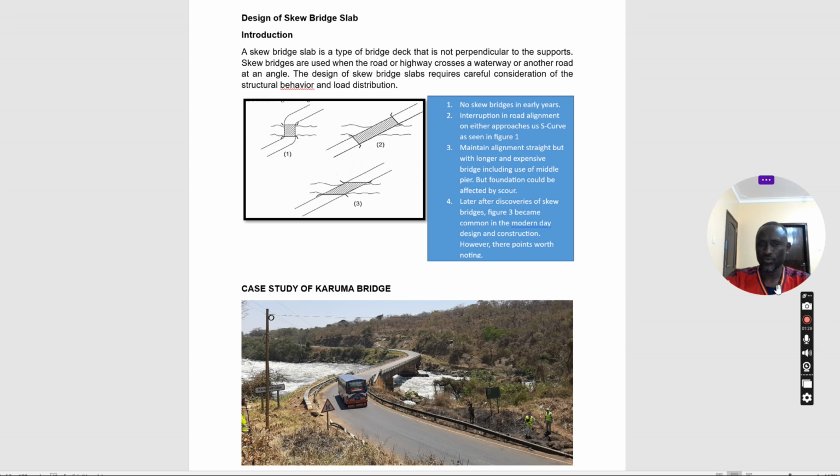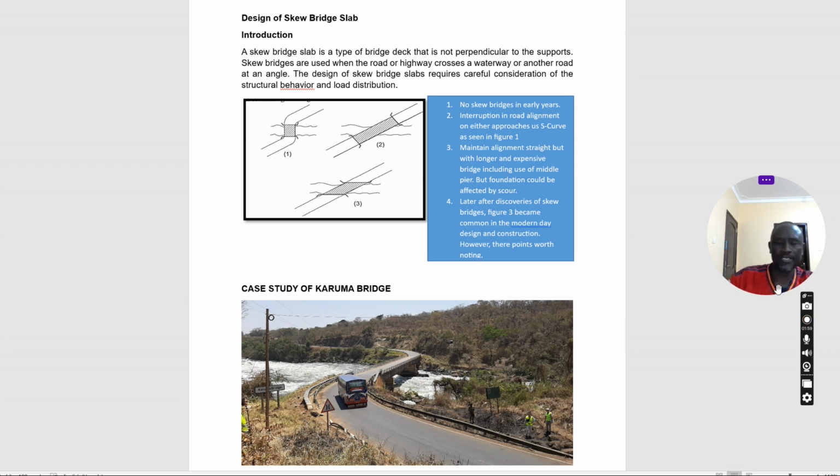They are used when the road or highway crosses a waterway or another road at an angle. The design of a skew bridge slab requires careful consideration of the structural behavior and load distribution. Definitely you will see the load pattern as we go down. It's not straightforward like bridges that are at right angle, orthogonal, square or rectangle.